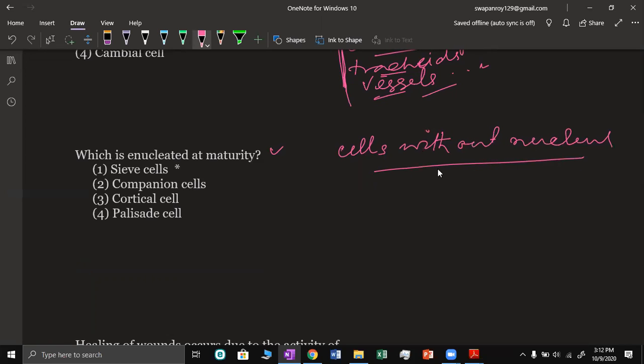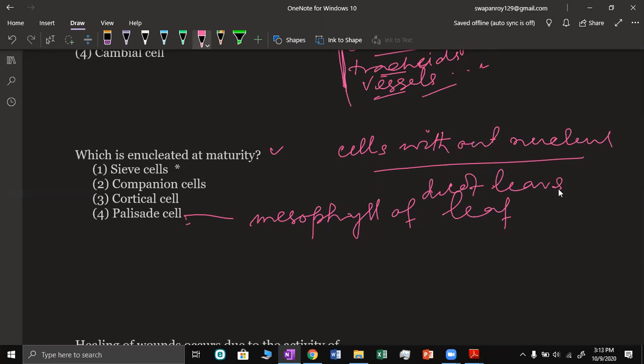Cells without nucleus, so which one? Here are sieve cells, companion cells, cortical cells, and palisade cell. Palisade is the mesophyll of the leaf, dicot leaf particularly. And cortical cells, that is cortex, they are also parenchyma, and they have nucleus.